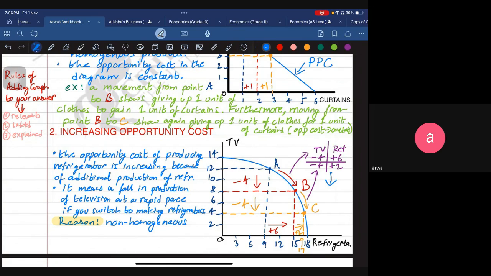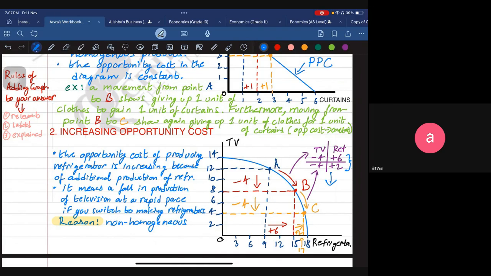Okay, if you look at this, you want to calculate the opportunity cost, and that is also going to come in your MCQ as well. Let's suppose you have to calculate the opportunity cost. For that we need only the actual figures if you are moving from one point to another point, because these are the changes that we are looking at.